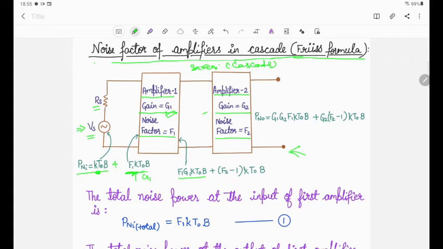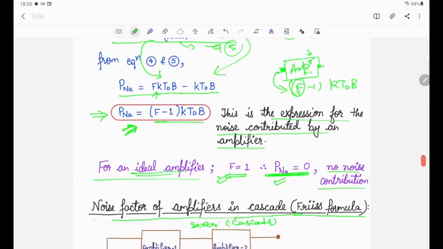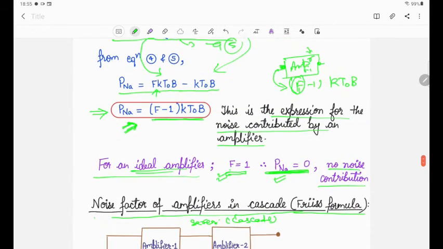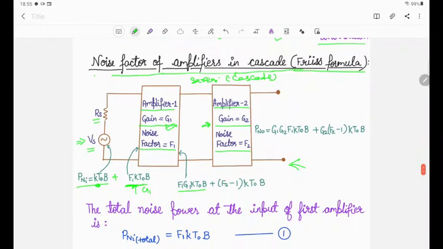And at the input of the second amplifier, what will be the noise power contributed by this amplifier? That is already defined in the above case, that is (F minus 1) K T0 B. The second amplifier has the noise factor F2, so the noise contributed by this amplifier will be (F2 minus 1) K T0 B, right?